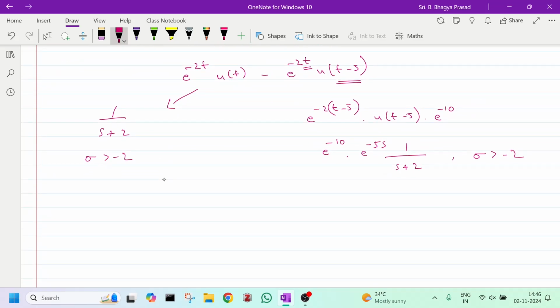So x of s is 1 by s plus 2 minus e power minus 5s plus 10, 1 by s plus 2, and the ROC is sigma greater than minus 2.